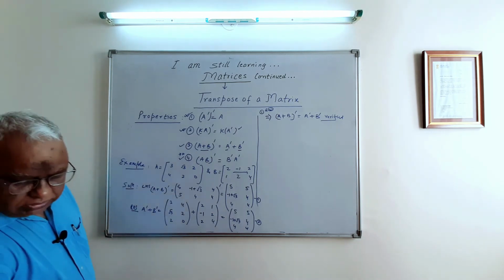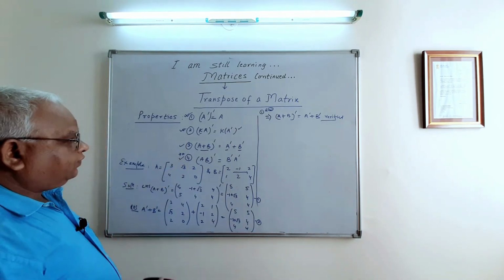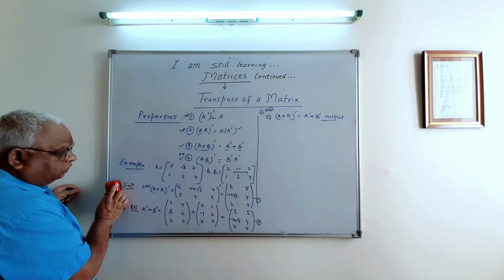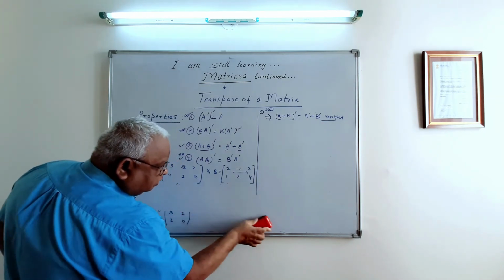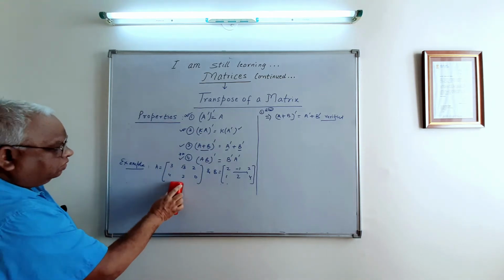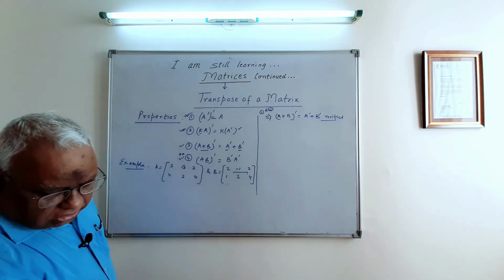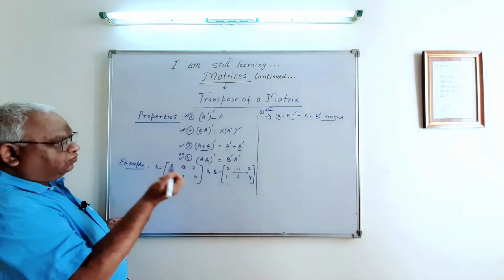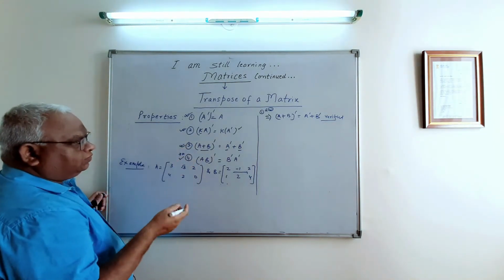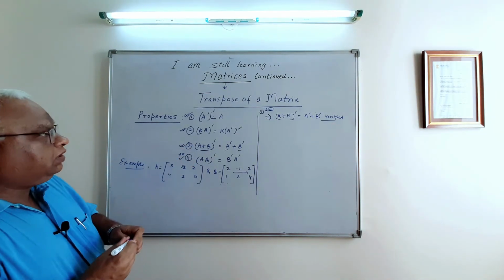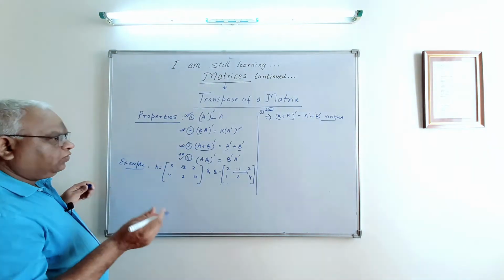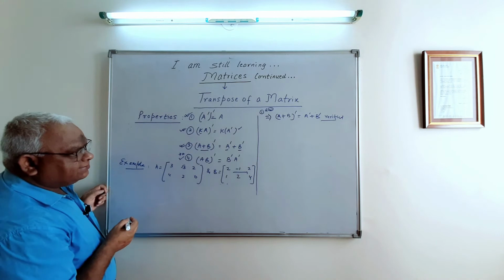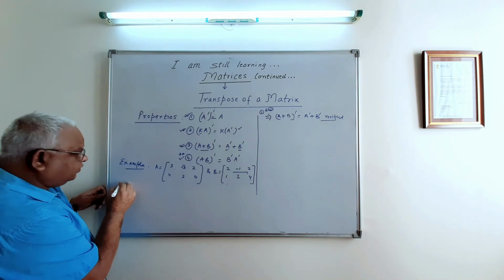Now, to do the fourth case, I need to rub the whole thing. Till now, these first three properties were easy. If you try yourself, you can also. The whole exercise is based on verification of the properties only. So you can take a lot of exercise problems and try yourself.